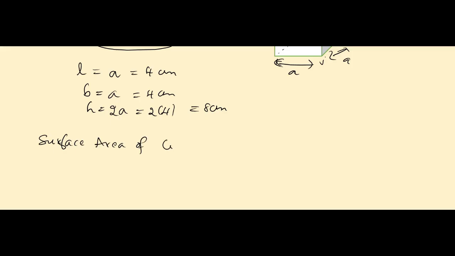Last class we discussed the surface area of a cuboid, that is 2 into (lb plus bh plus hl), correct? So what will be that? 2 into (l into b, that is 4 into 4, that is 16, plus b into h.